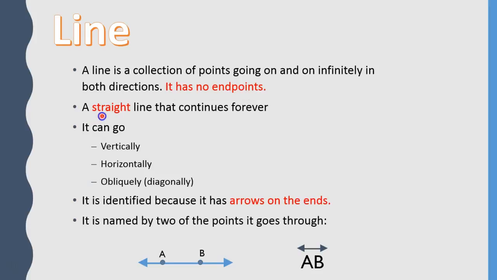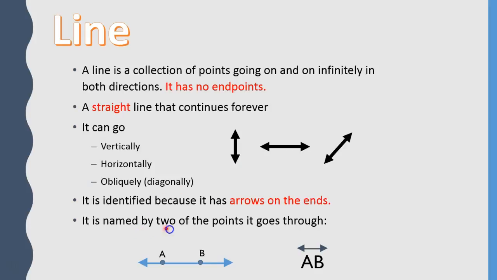Okay, so it is a straight line that continues forever. And it can go vertically, horizontally, or obliquely, or another word is diagonally. It doesn't matter which direction it goes, but you'll know it is a line because it has arrows on the ends. That's how you're going to be able to recognize it.